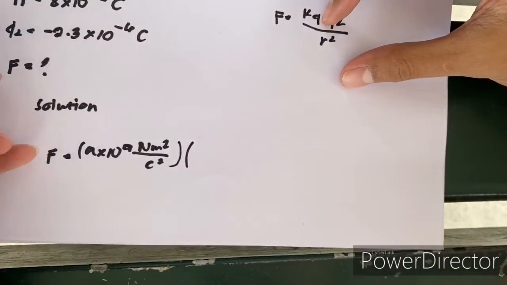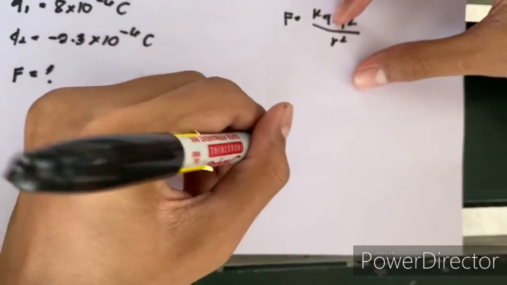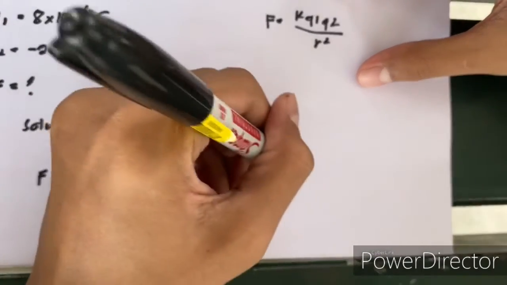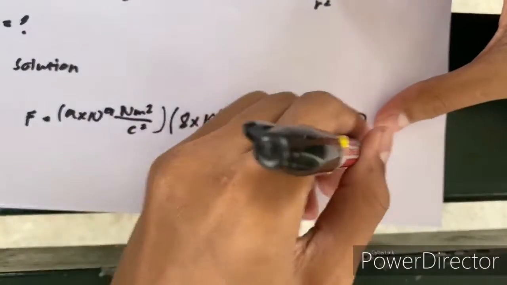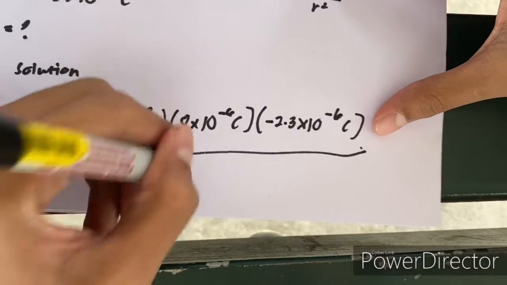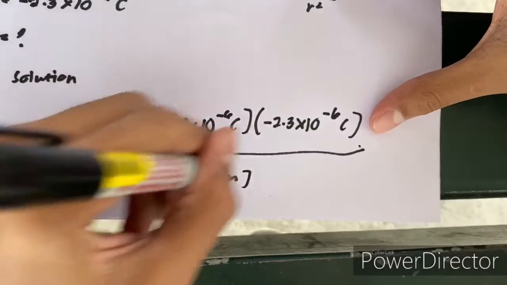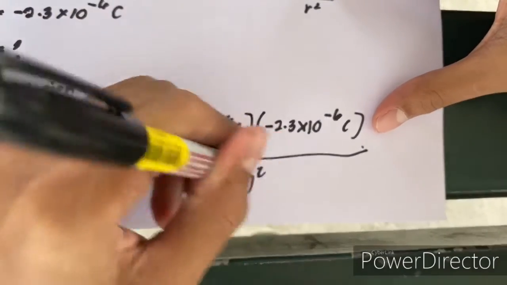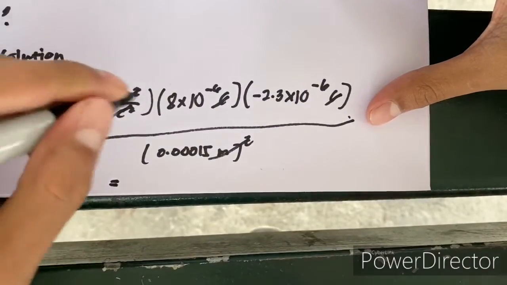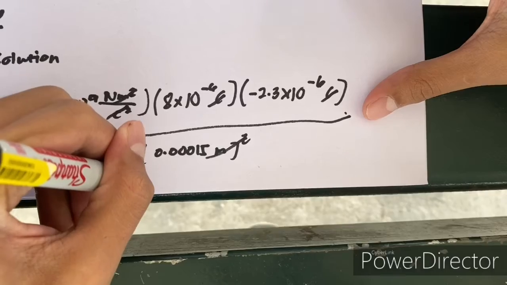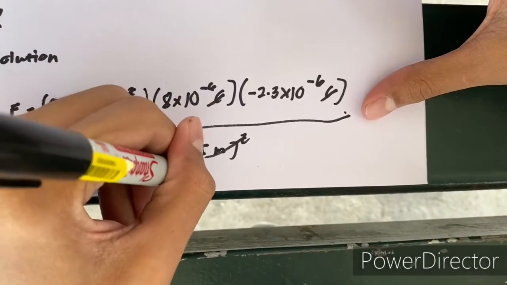Substitute all the given: Q1, 8 times 10 raised to negative 6 coulomb; Q2, negative 2.3 times 10 raised to negative 6 coulomb; r, 0.15 millimeter in meters. Cancel the units. Therefore, the answer will become negative 736,000 newton.